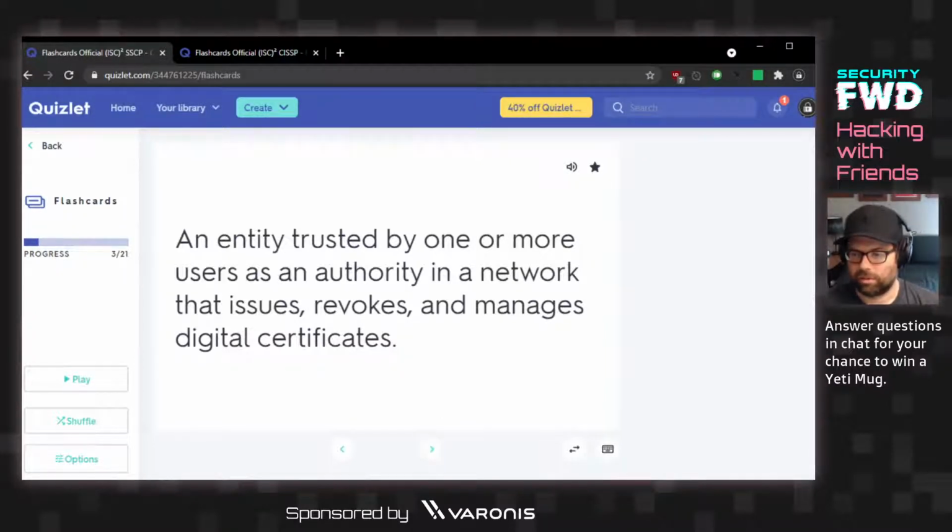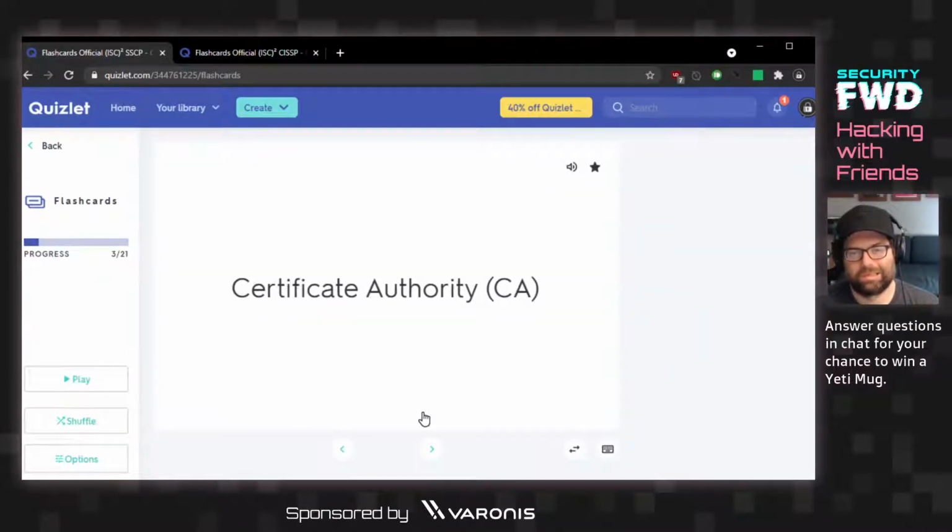Here, I'm going to move this restream chat so it doesn't look like I'm looking at the ground so much. All right, this is certificate authority. Yeah, so these are neat.